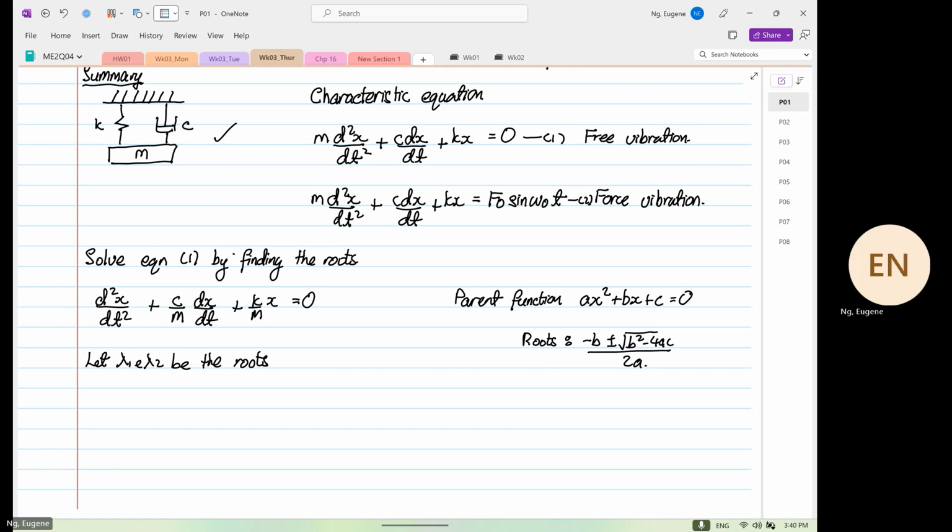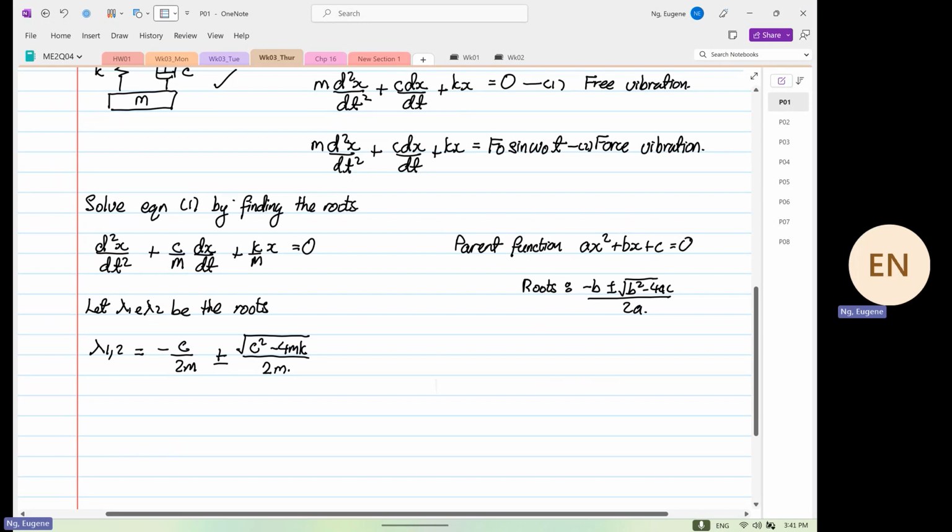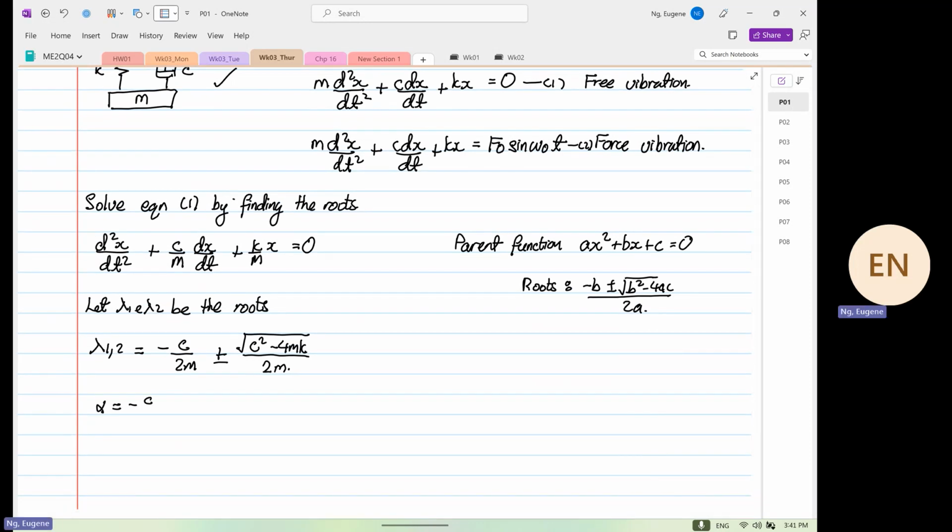So lambda 1 and 2 will be equal to minus c over 2m, plus or minus the square root of c squared minus 4mk, divided by 2m. So we are going to let alpha be equal to c over 2m, and beta be equal to the square root of c squared minus 4mk divided by 2m.